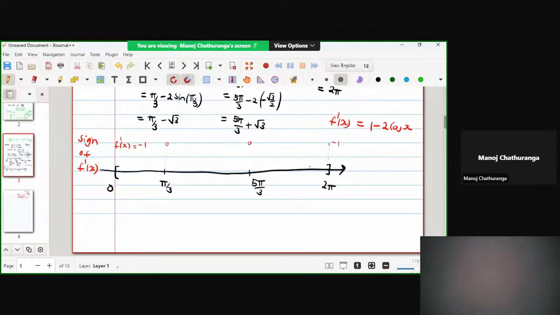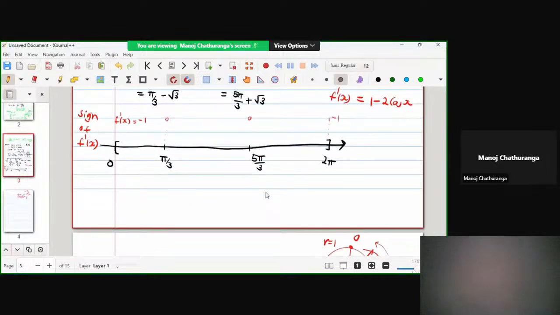So what happened here is in the first interval, derivative is minus 1 and changes to 0. So it moved from minus 1 to 0. So derivative is increasing from minus 1 to 0, right?